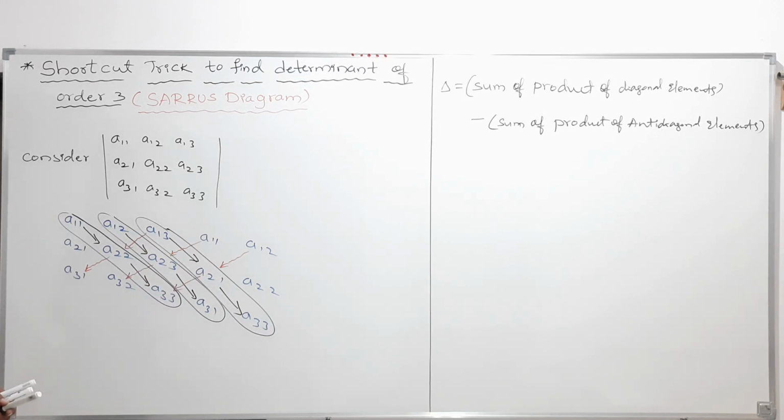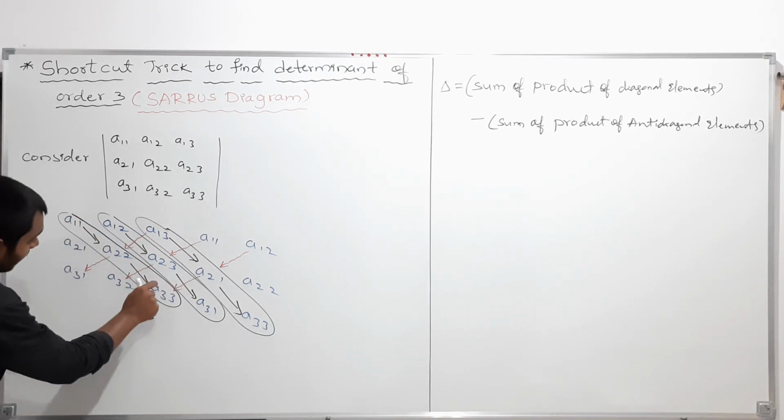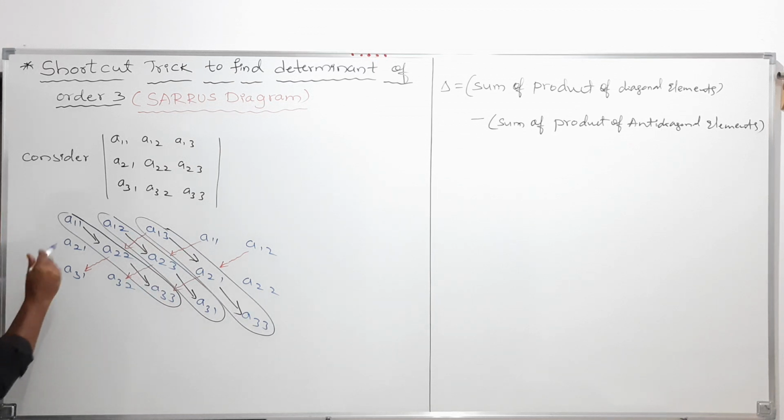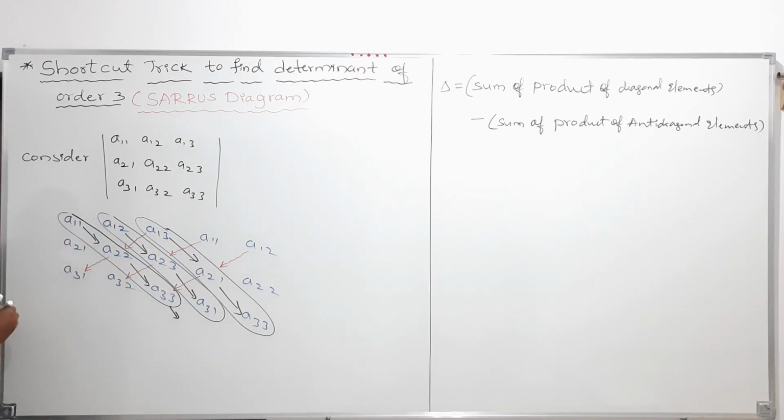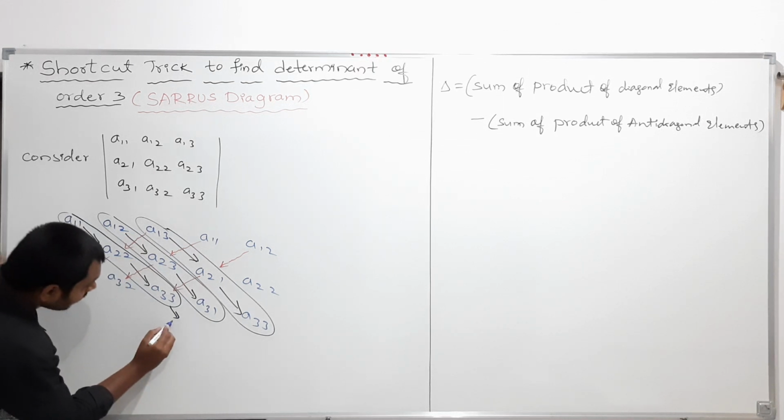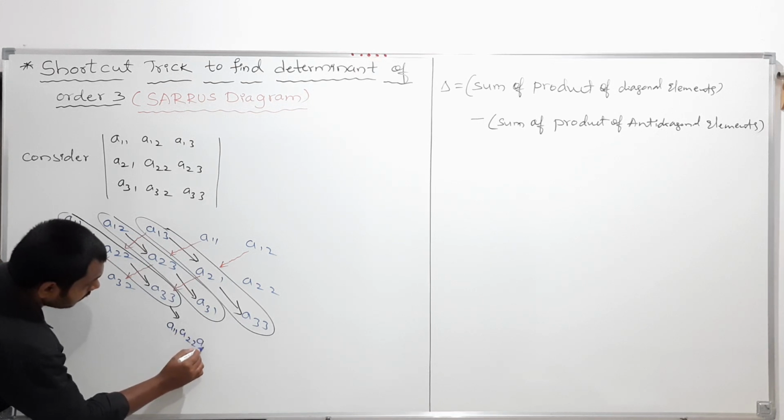So what is that? Sum of the product of diagonal elements. Clear? Sum of the product of diagonal elements means, my dear students, I will take this one. Multiply a11 into a22 into a33, so this value is a11 a22 a33.